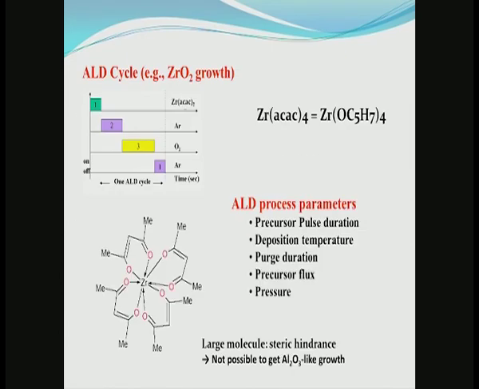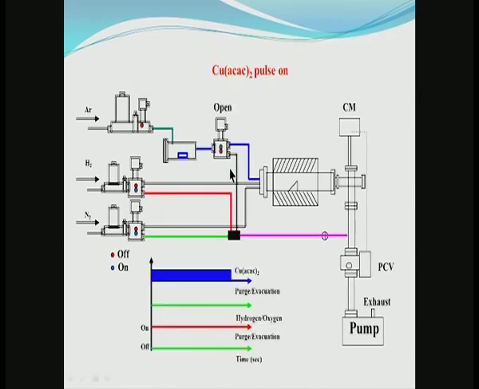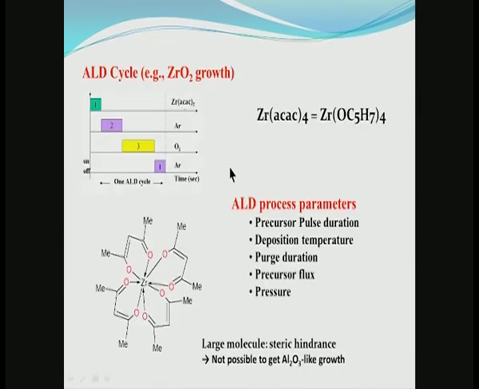Now, what we are going to see next is an ALD cycle. A typical cycle lasts only a few seconds, and that is illustrated in this particular animation, as you will see.